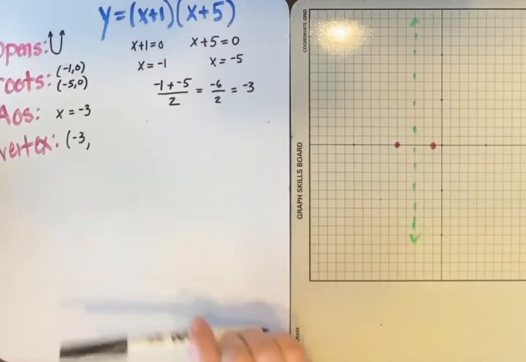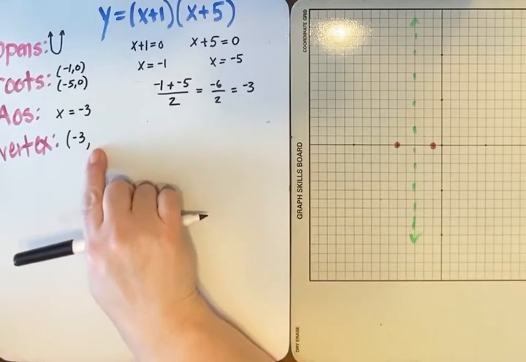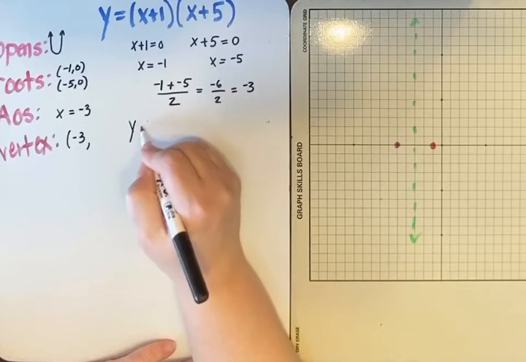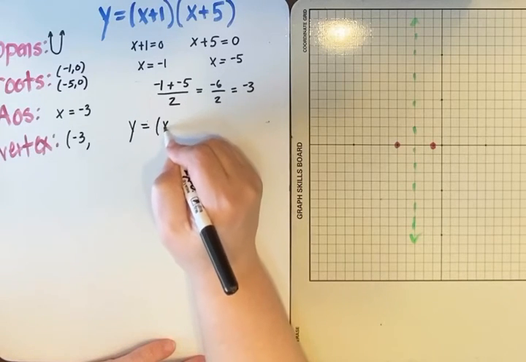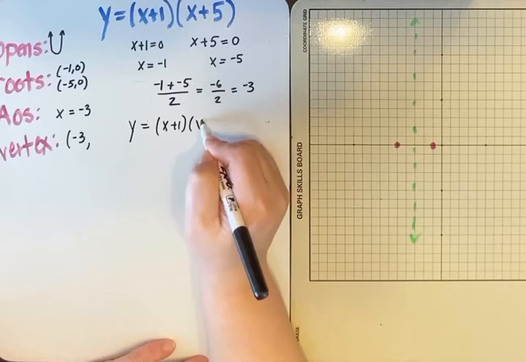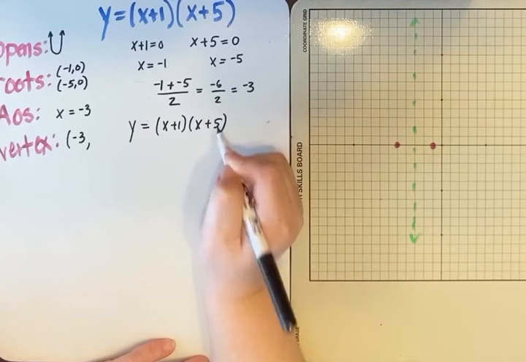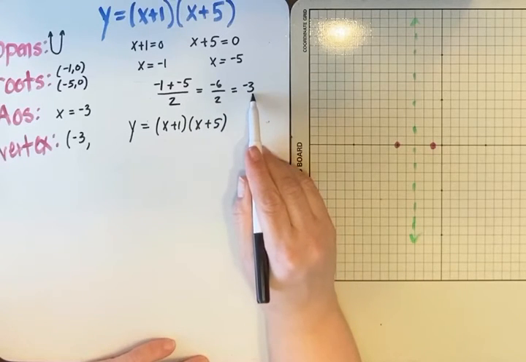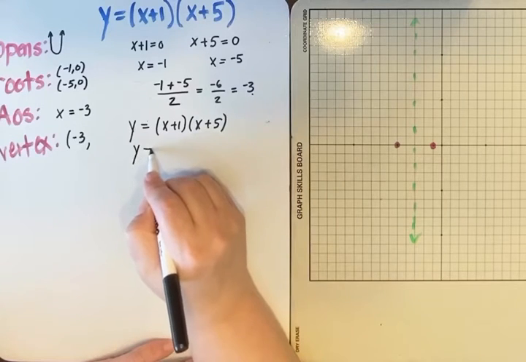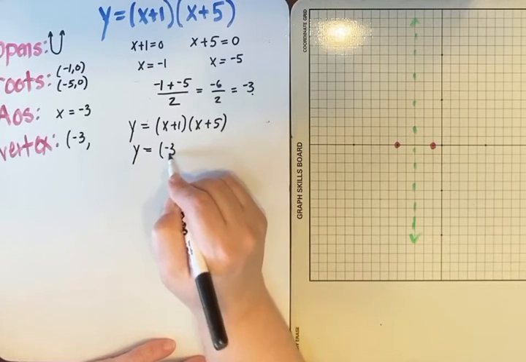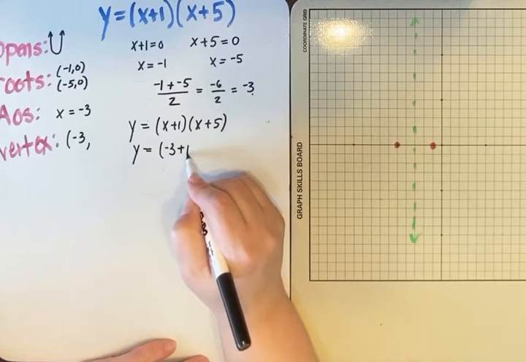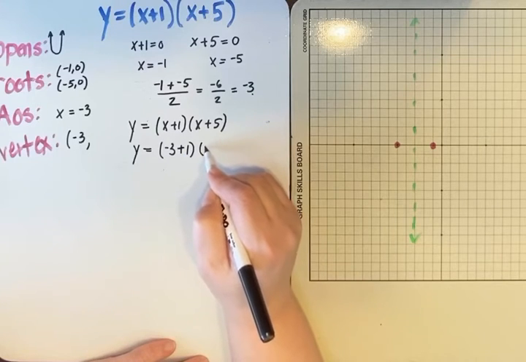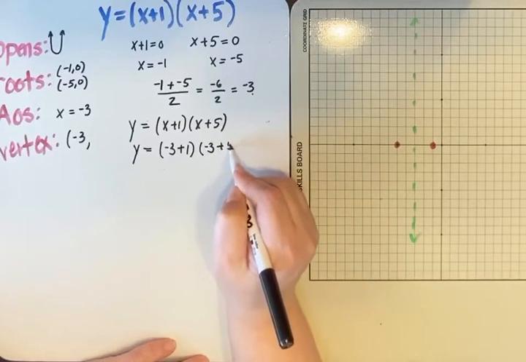I still need to find the y coordinate of my vertex. So if I go back to the original equation that was given to me, and I know the x value is -3, I can find the corresponding y value by substituting -3 for x in the original equation.